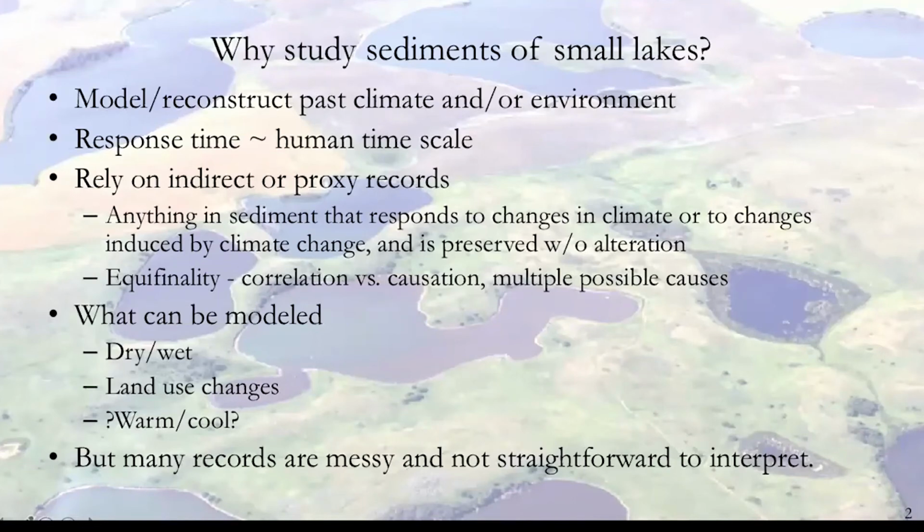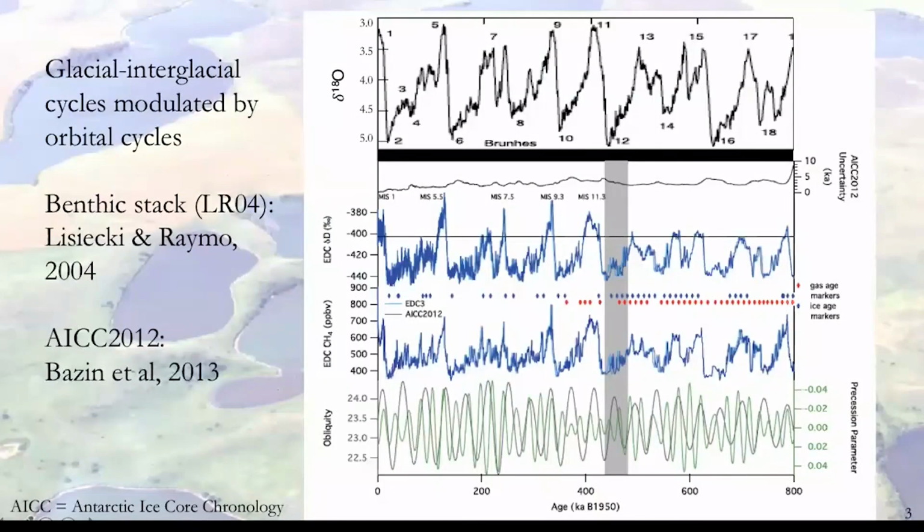That is in big contrast to some of the well-known paleoclimate records, such as the deep sea benthic stack, I'm showing Lisiecki and Raymo 2004, or the Antarctic ice core record, which shows glacial-interglacial cycles, or some of the speleothem records.